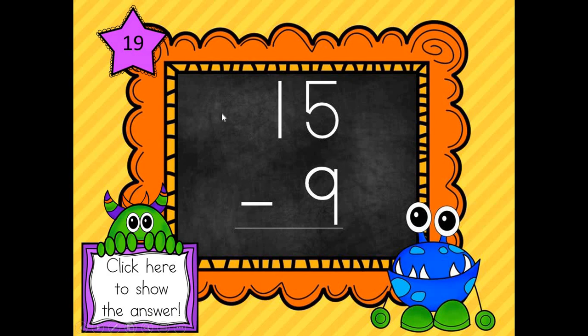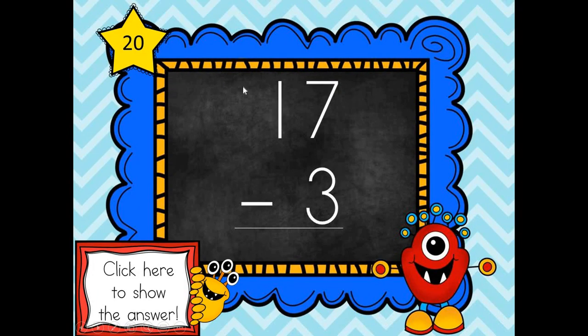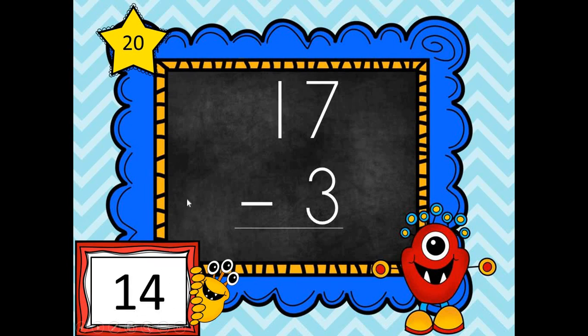Maybe you remember some of these. Did you get 6? Good. Last one and we get to wiggle. 17 take away 3. All right, did you get 14? Good.